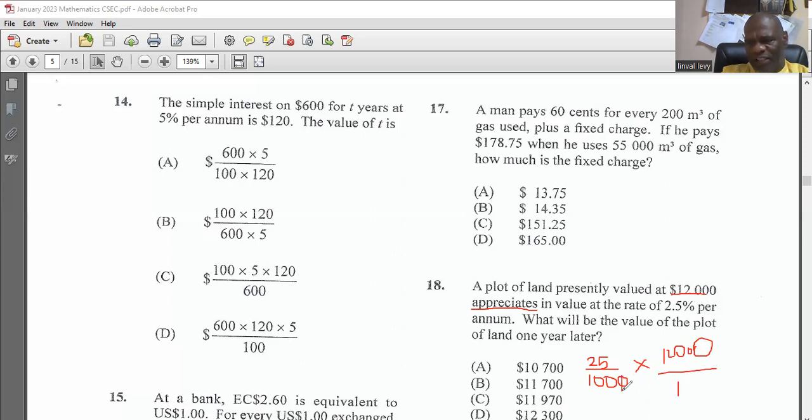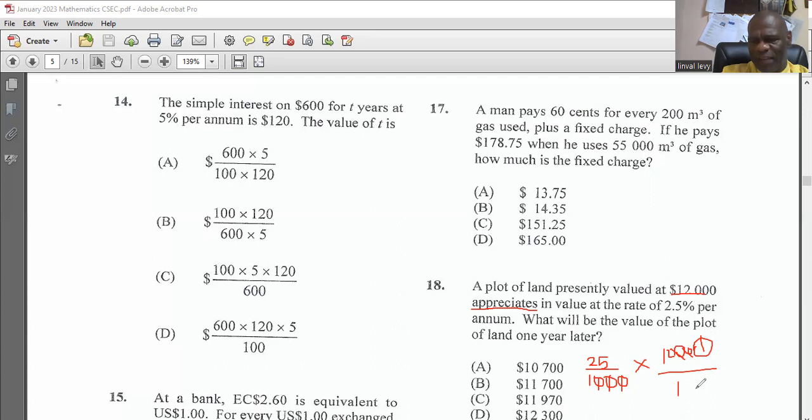Now we can cancel the zeros. The zeros cancel. 1, 2, 3. So we are left with 25 times 12.